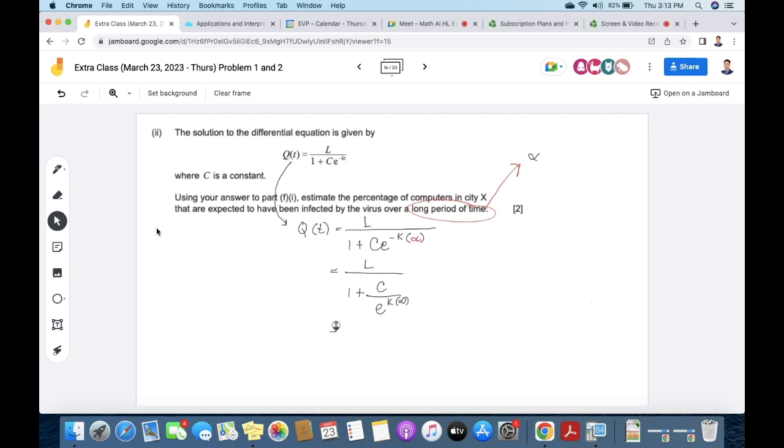Now, whatever the value of k is, if you multiply it by infinity, it will still be infinity. So we can write it as L over 1 plus C over e to the infinity, because k times infinity will just be equal to infinity itself, the longer it becomes.